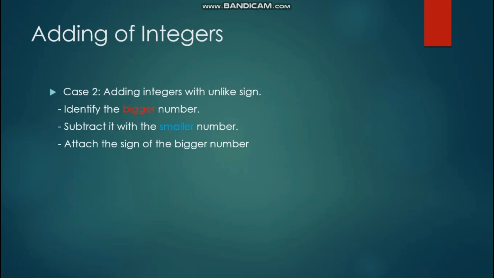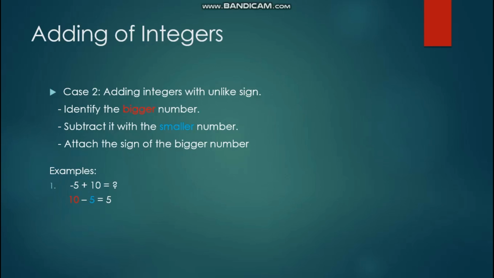So, para mas lalo natin maintindihan, magbigay tayo ng mga examples. Example number 1. Negative 5 plus 10 is equal to blank. According sa rule natin, una natin gagawin is identify the bigger number, which is 10. And then, subtract it with the smaller number, which is 5. So, 10 minus 5 is equal to 5.